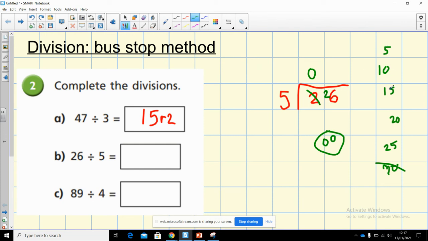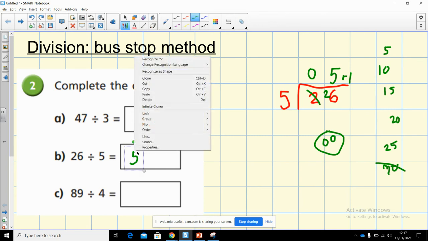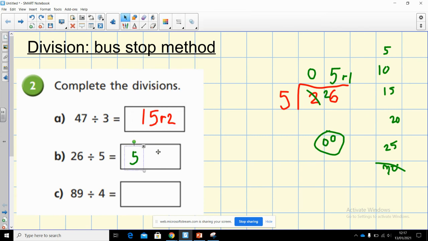So I've gone 5, 10, 15, 20, 25. 1, 2, 3, 4, 5. But I needed to get to 26. I've got 1 left over. Remainder 1. So 26 divided by 5 is 5, remainder 1. Ooh, my board's going funny today. Let's look at the last one here.